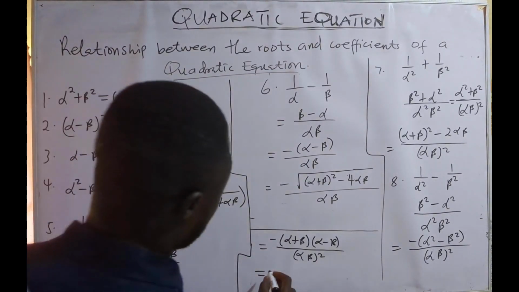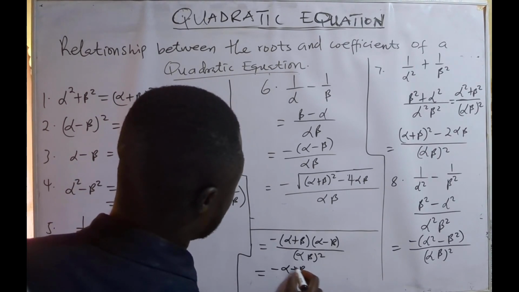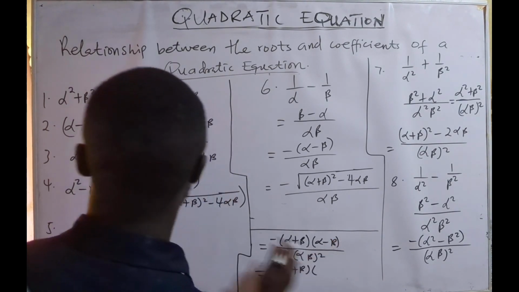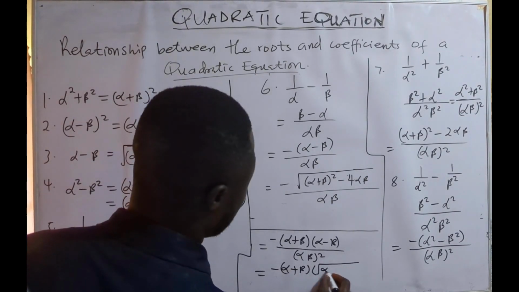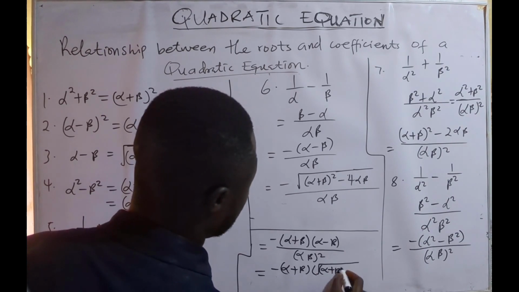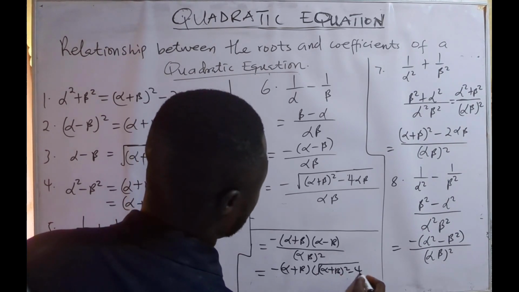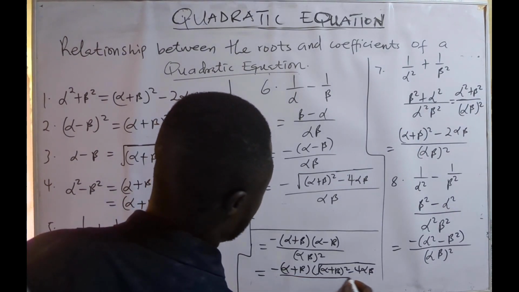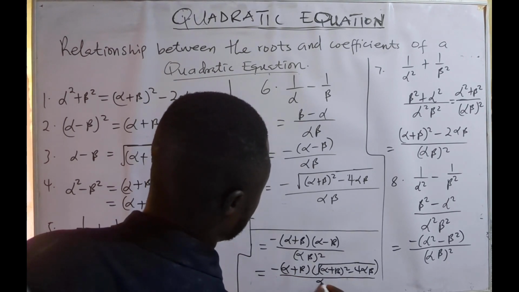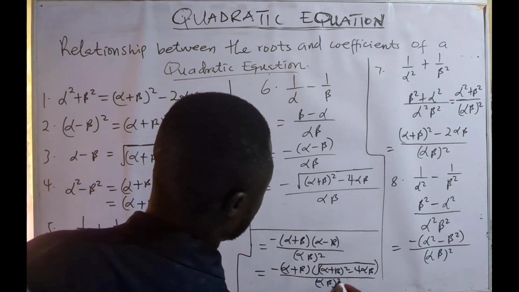Alright, then we can finally write this as minus alpha plus beta, and then what is alpha minus beta? That is square root of alpha plus beta all squared minus 4 alpha beta, all divided by alpha beta all squared.